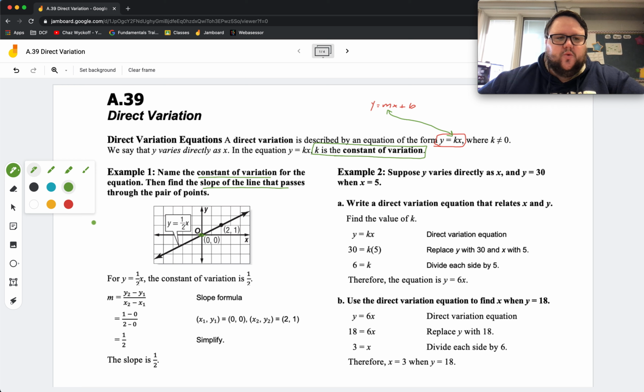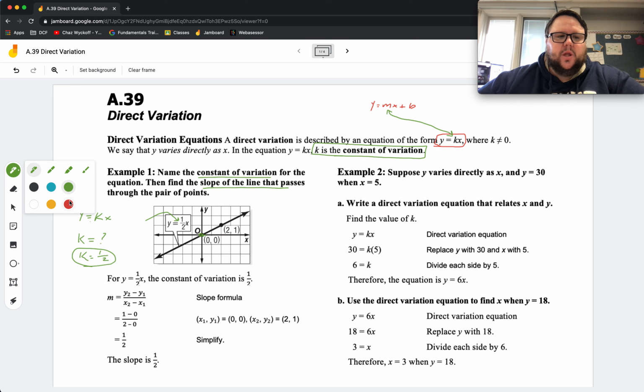That's following the form y equals kx. So what does k equal? Well, if we look right here, k equals 1/2. That's all we're doing. We found k equals 1/2.